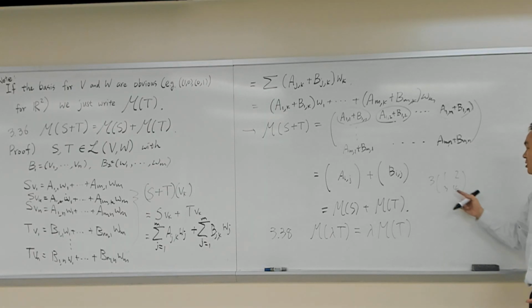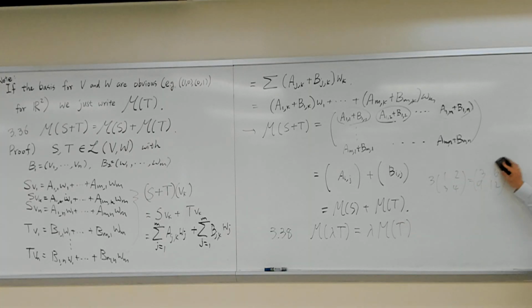If you have a matrix and you multiply by 3, that means you multiply every one of these elements, right? 3, 6, 9, 12. So assuming that you know this, then you get this identity as well.